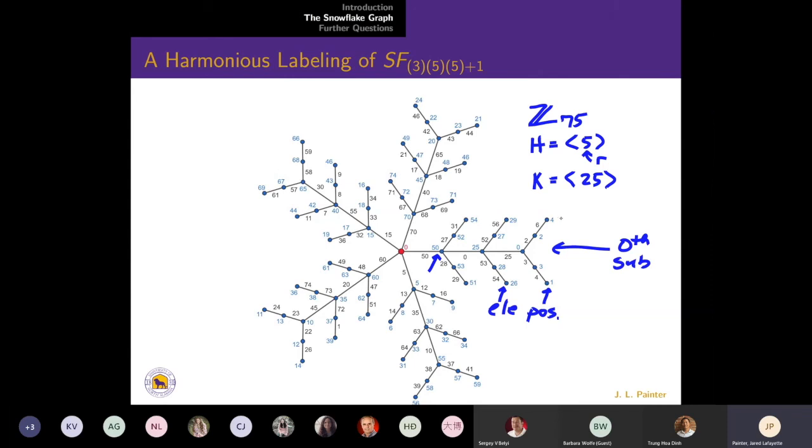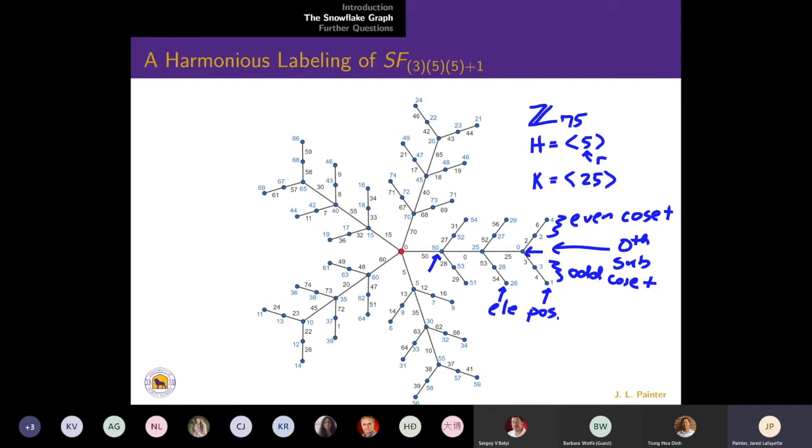And then on one side of the sub-branch, we have our odd coset elements. And then on the other side of the central vertex of each sub-branch, we have the even coset elements. Okay, and then we order the odd ones from largest to smallest moving away from the center, and then the even ones from smallest to largest moving away from the center.